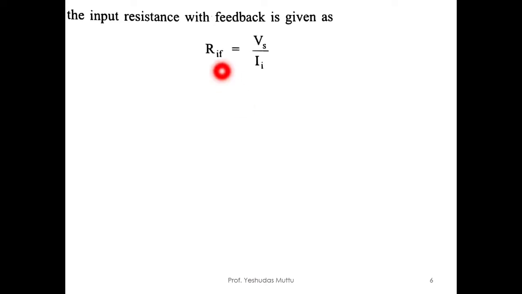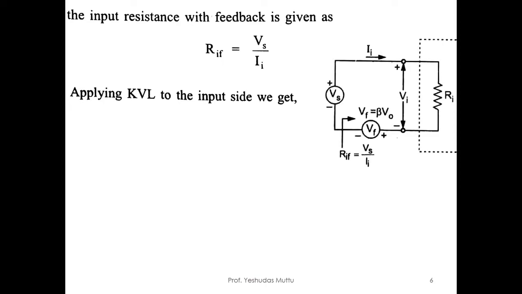We shall begin now to derive the expression for input resistance with feedback. So input resistance with feedback is given as RIF is equal to Vs by II, as I told you all. Input resistance meaning I will have to consider the input section first. So let us consider the input section and apply KVL in that particular section.